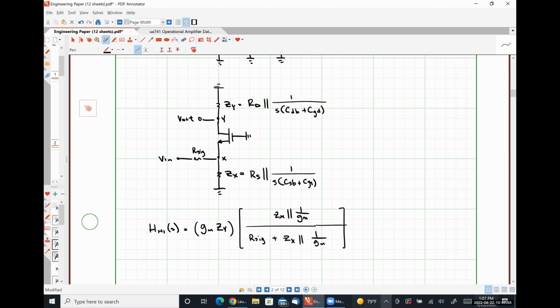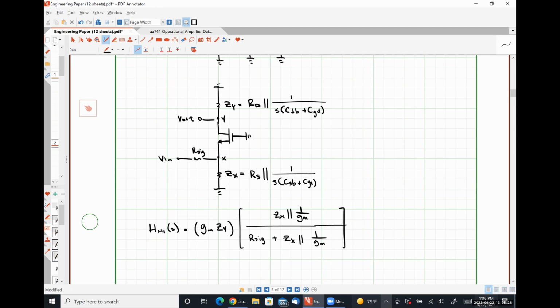We have an impedance connected here, which is going to contribute some frequency dependent impedance because there's capacitances rolled up into ZX. So we're going to have a pole that's associated with this node X. And we have a frequency dependent impedance up here that's associated with our output node. So we're going to have a pole that's effectively associated with ZY.